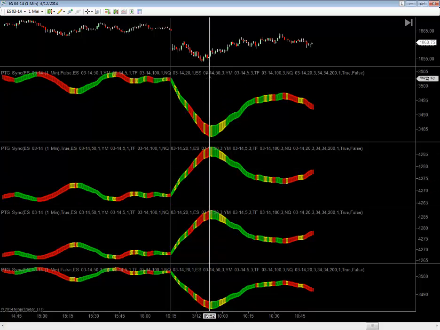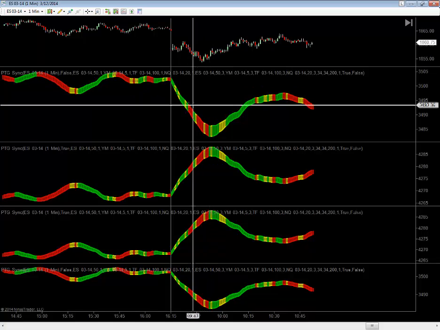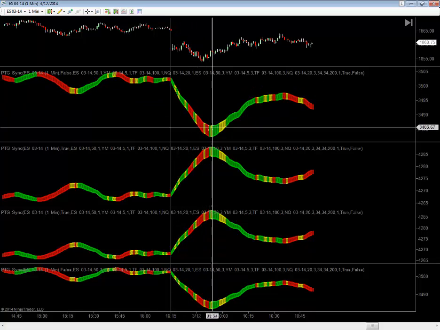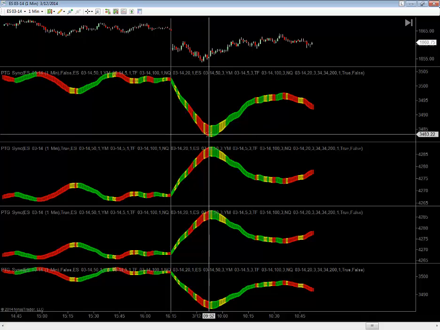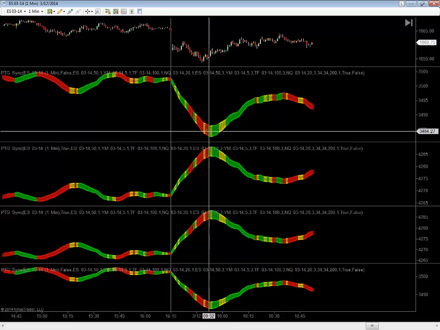So let's just start off here. This looks like March 12th, 2014, and the colors represent the gradual intensity of whether the internals are getting more bullish or more bearish. So simply green, yellow, red. When the internals are more neutral, you'll see more of a yellow color.